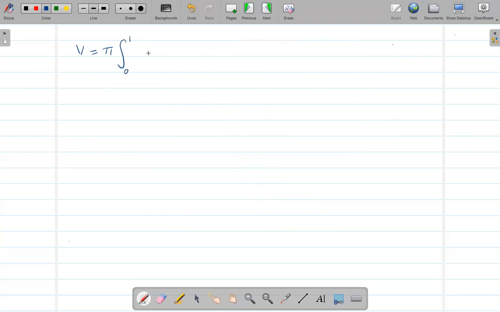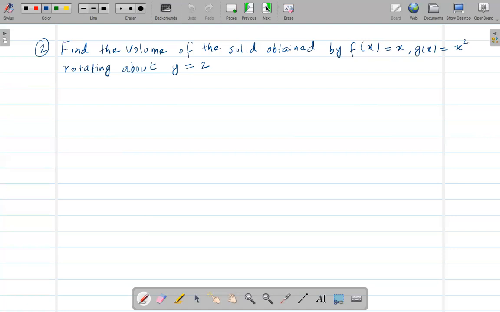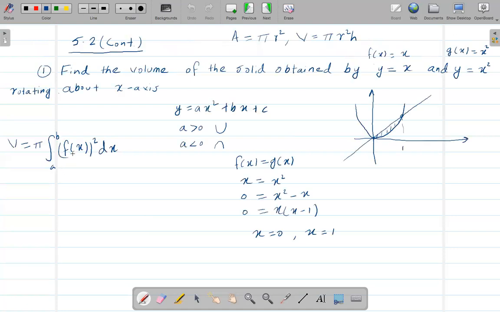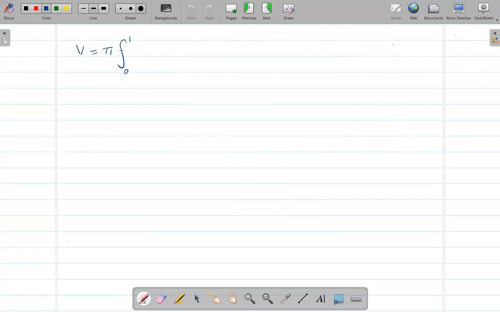Since we have two equations, f of x and g of x, and there is a square here, we need to take the square of each of these and subtract. So what I'm trying to say is: f of x squared dx minus g of x squared dx.